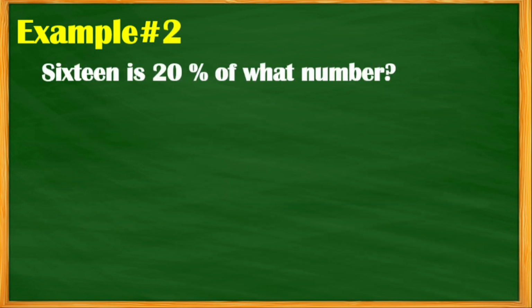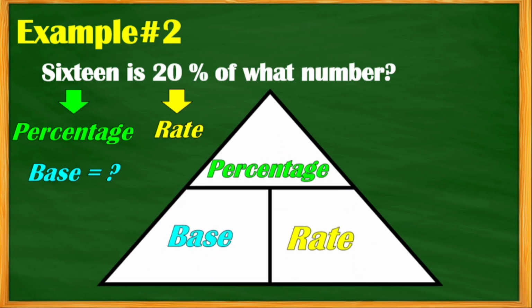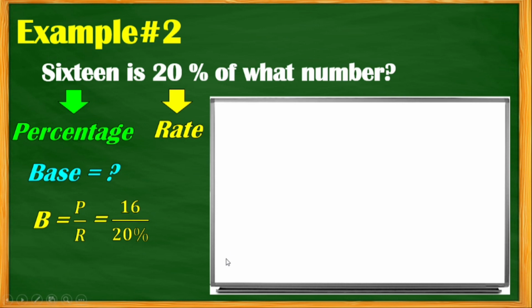Next, example number 2. 16 is 20% of what number? 16 is the percentage, 20% is the rate, and the unknown value is the base. So the formula for the base is percentage divided by rate. Let's solve. We substitute 16 for the percentage and 20% for the rate.